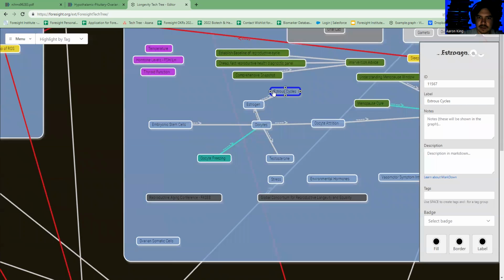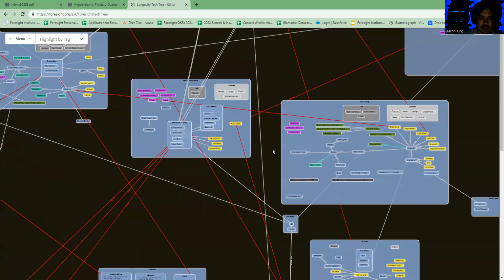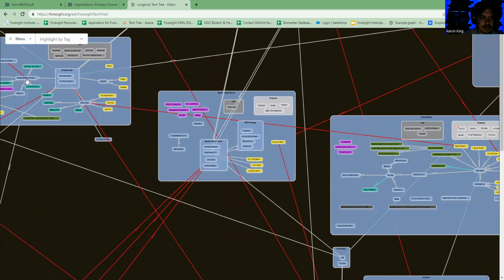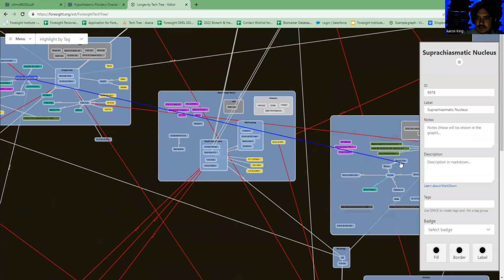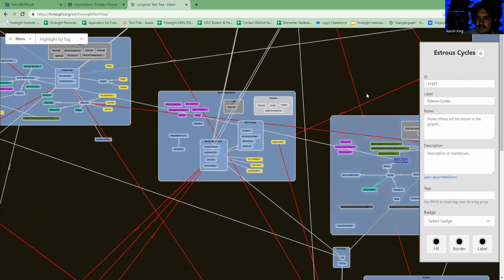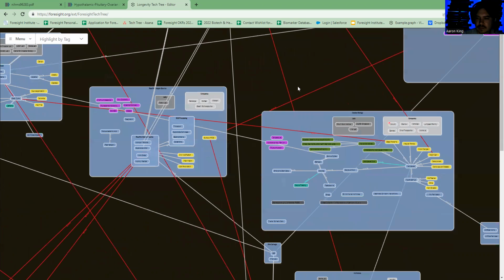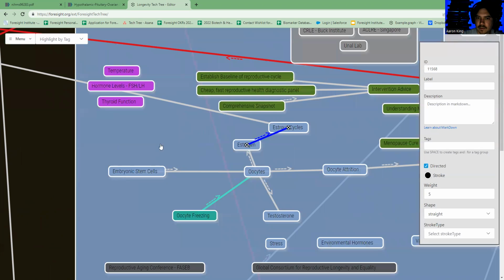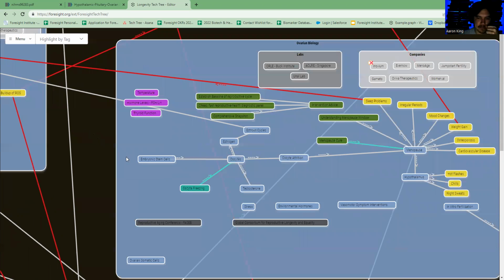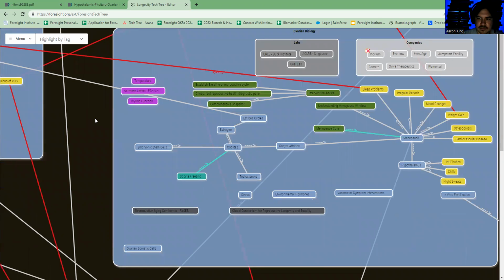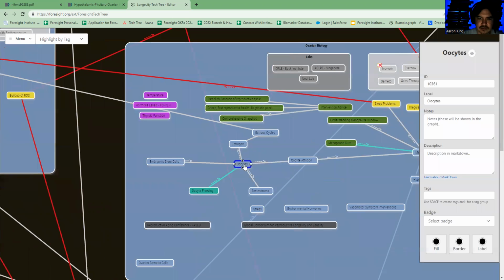Let's just connect this over here, and we'll come over to rhythm. So the oocytes are connected to that.